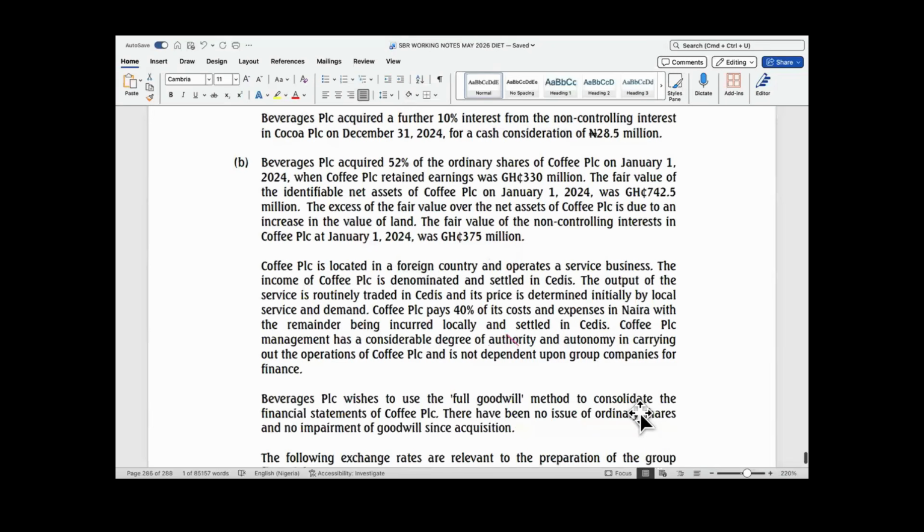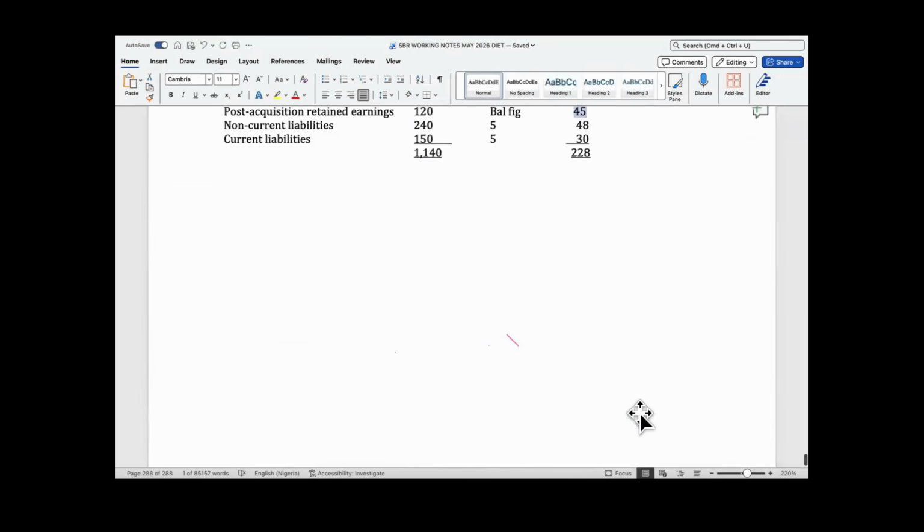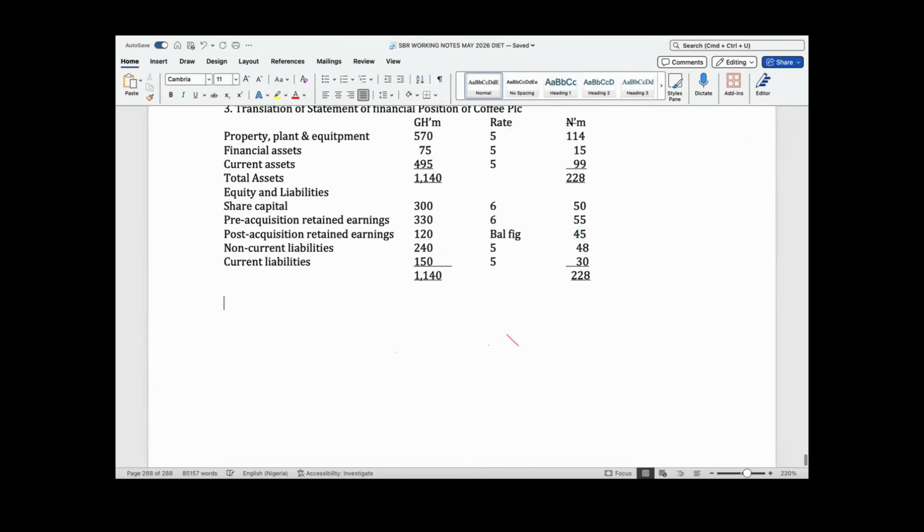So now I can go ahead and compute my goodwill first. Let me compute goodwill as workings 4. In computing my goodwill, I would still need the Ghana cedis, the rates, and the Naira.